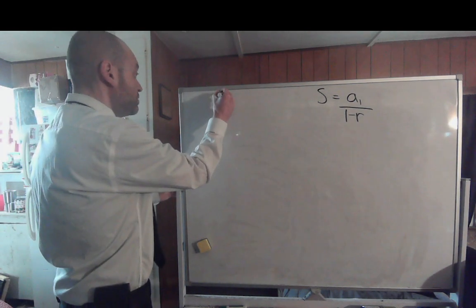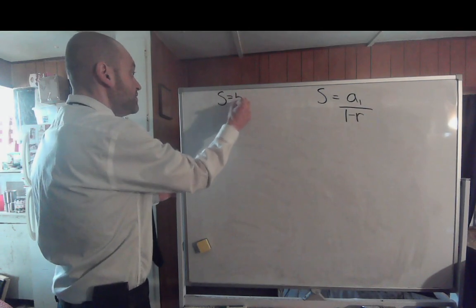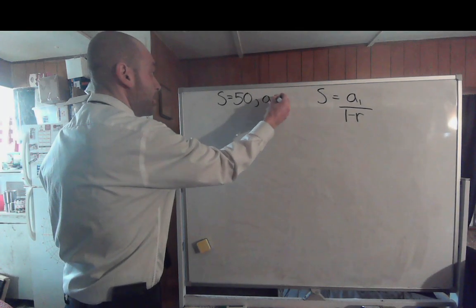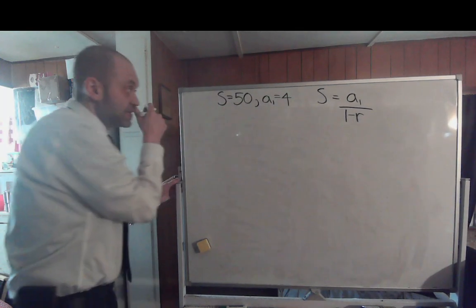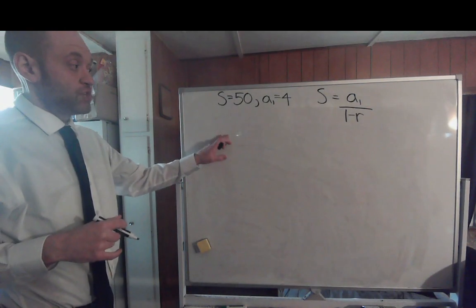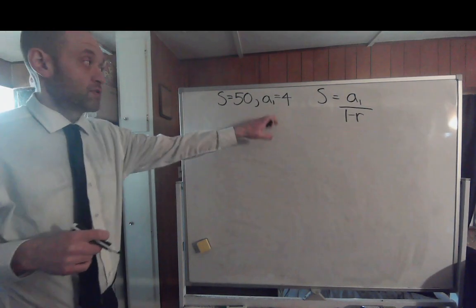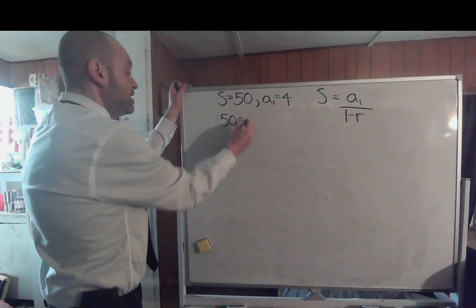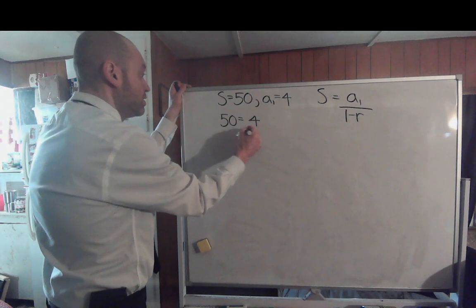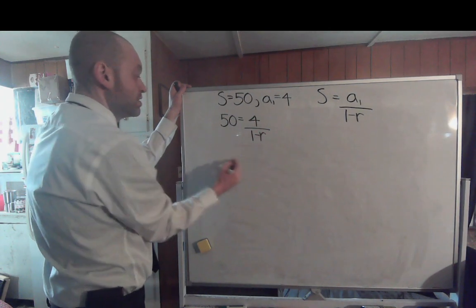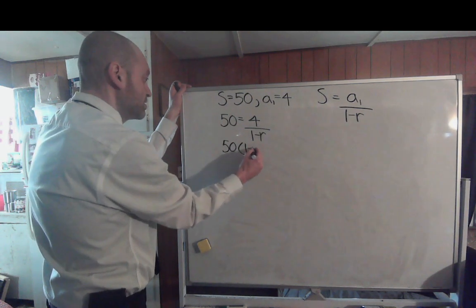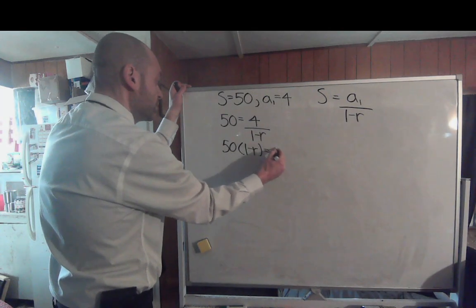Alright, now this one, the sum is 50, and your first term is 4. So this will become 50 equals 4 all over 1 minus r. So this will turn into 50 times 1 minus r equals 4.